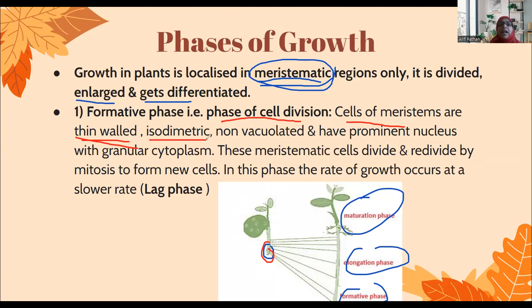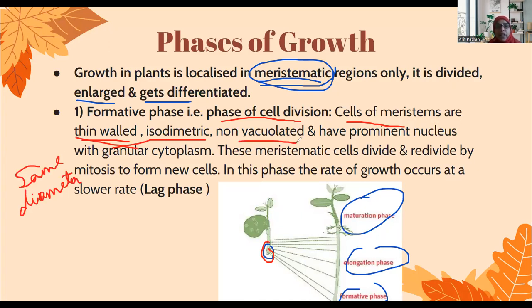All the cells are dividing, and these divided cells have the same diameter, so they are known as isodiametric. They will be equal in size and shape. All the cells formed as a result of division have the same diameter.